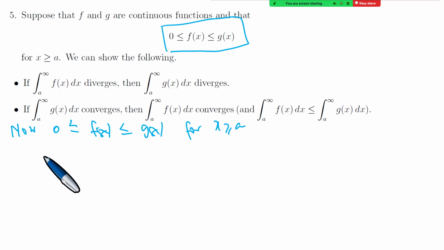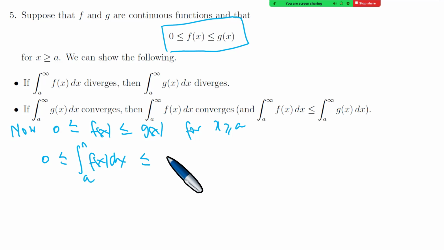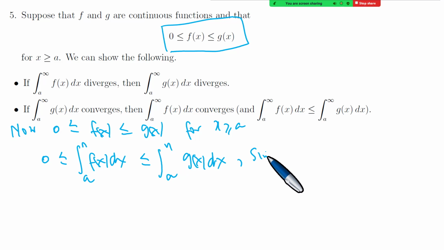Then we can see that the integral of f of x dx from a to n is less or equal to the integral from a to n of g of x dx. This is true since 0 is less or equal to f less or equal to g.